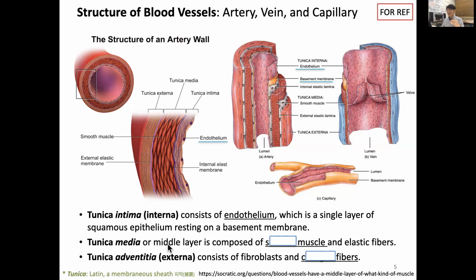And the media, or middle layer, is composed of smooth muscle cells and also elastic fibers. The external part, called tunica adventitia or externa, consists of a lot of collagen. Collagen-producing cells are fibroblasts. And this is a collagen fiber.